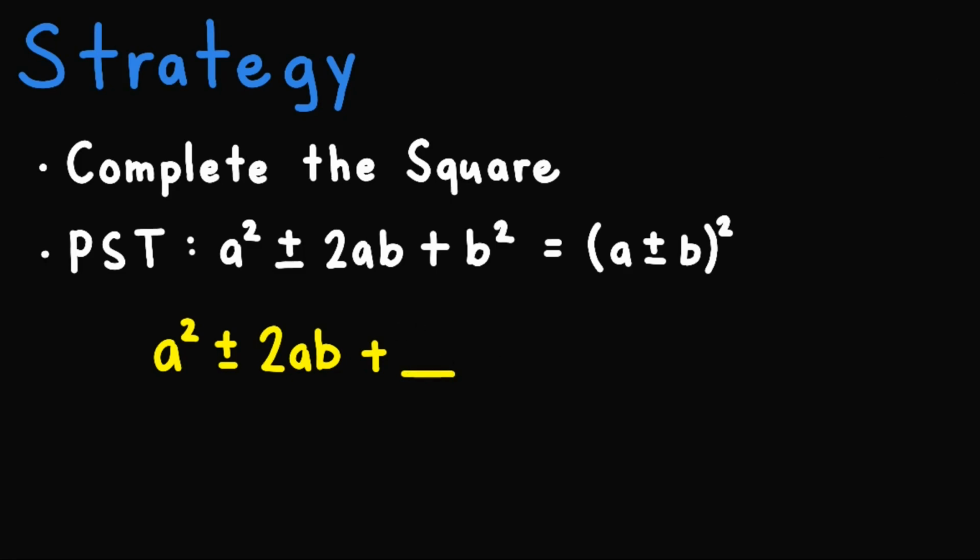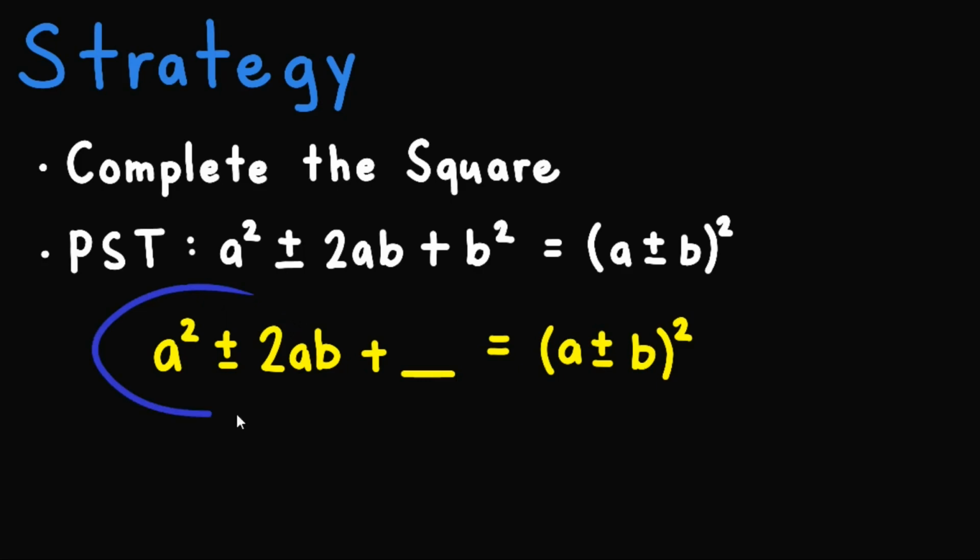Our goal is to complete this trinomial of this form so that we can obtain the square of a binomial. It's like completing this trinomial to make it a square of a binomial. So that is the idea in completing the square. Technically, our goal is to obtain b squared to match this form.